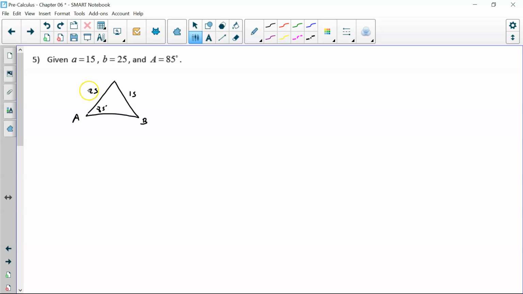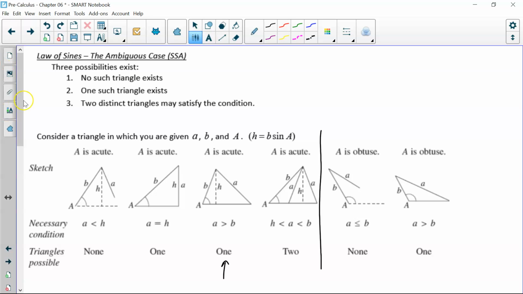Looking at this and going back, do you see how we have this case where A is less than or equal to B right here? What's going to happen is we're not going to have a triangle.